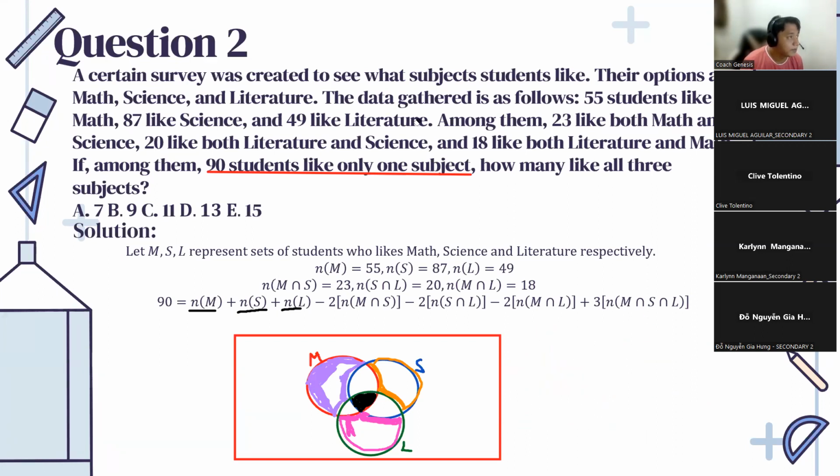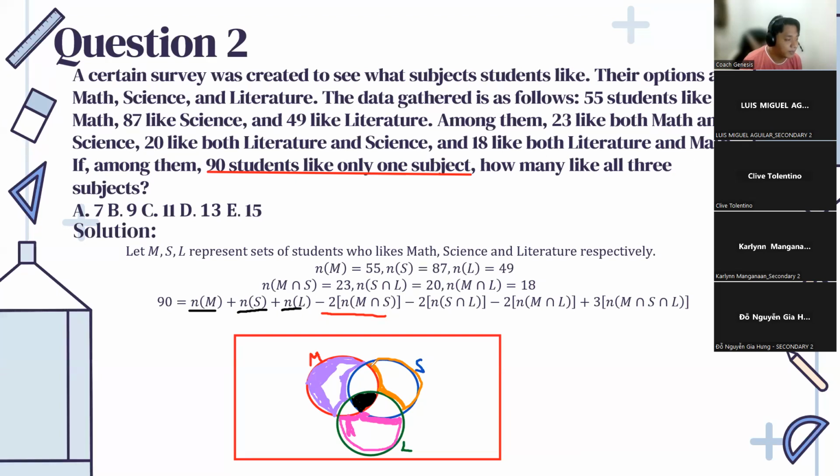Here we tried to add n of M, n of S, and n of L. After adding that, notice that if we want only those who belong to only one subject, we must also subtract 2 times n of M and S.